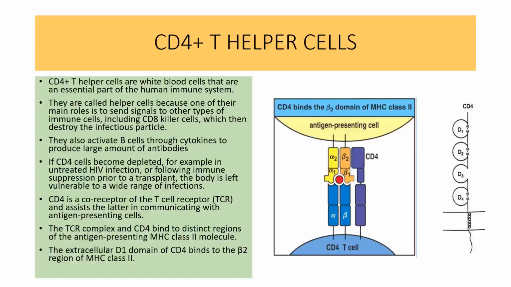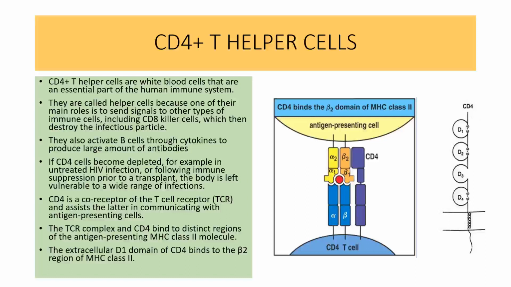CD4 T helper cells are WBCs that are an essential part of the human immune system. They are called helper cells because one of their main roles is to send signals to other types of immune cells, including the CD8 killer cells, which then destroy the infectious particle.